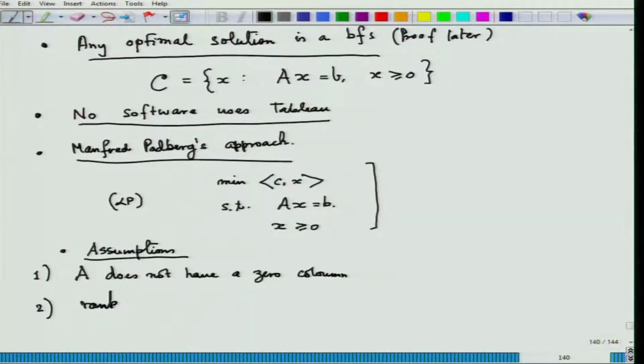is that it has full row rank. So, rank of A is m, where m, as you know, is the number of rows. Now, let me state a curious fact. Do you have any assumption on b?